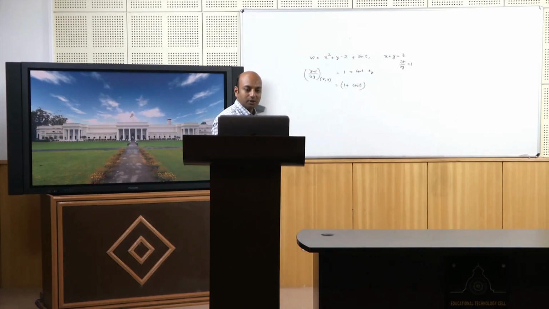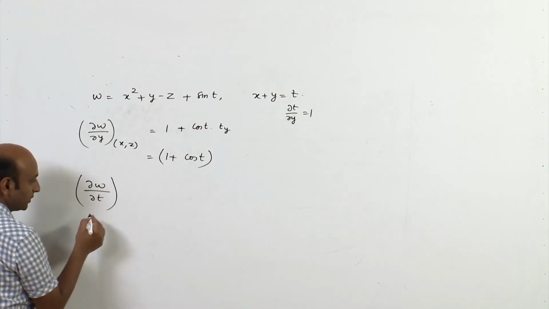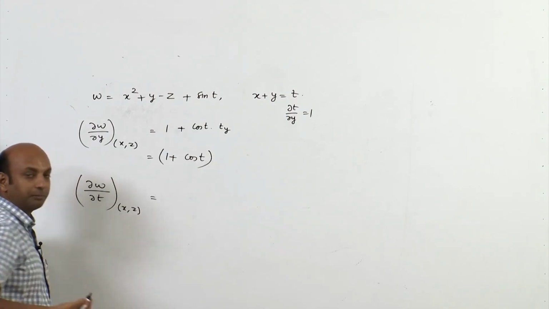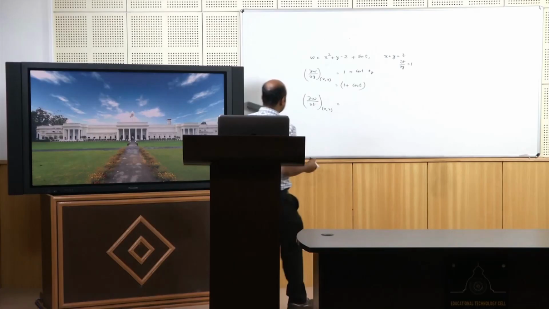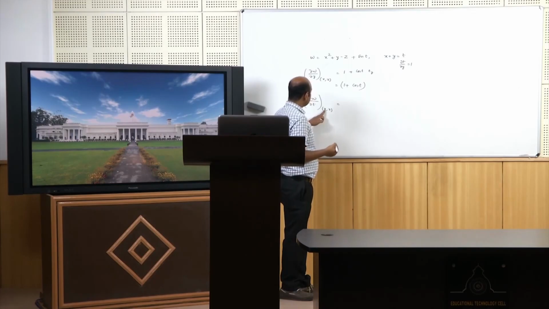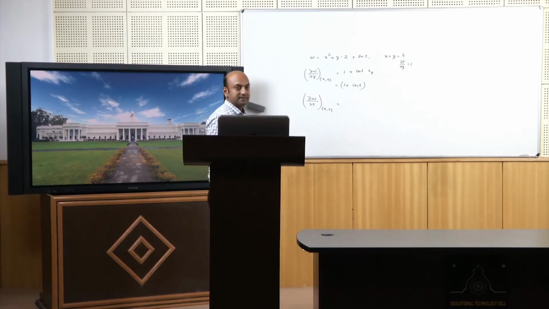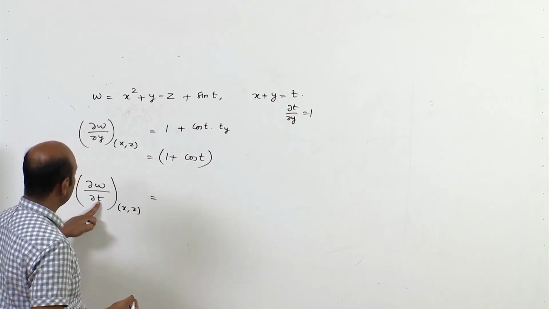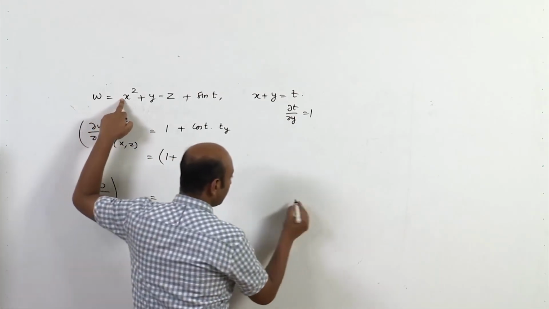Suppose we want to compute del w by del t with x and z, the fourth part of this problem. This means we are taking x, t and z as independent variables and w and y as dependent variables. So, how can we find this? With respect to t, you have to differentiate.